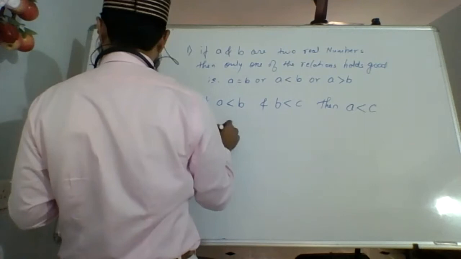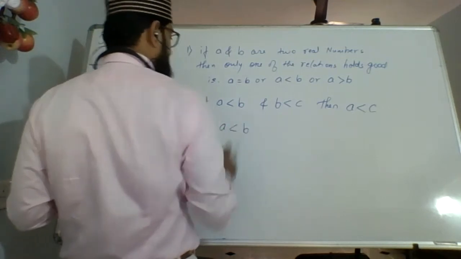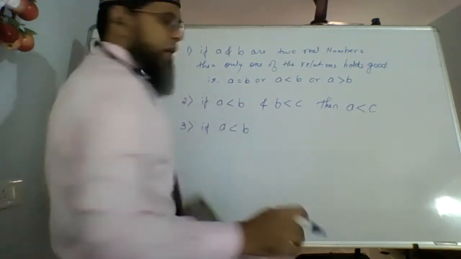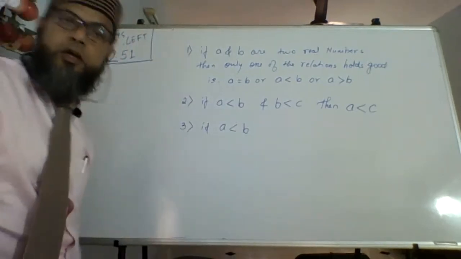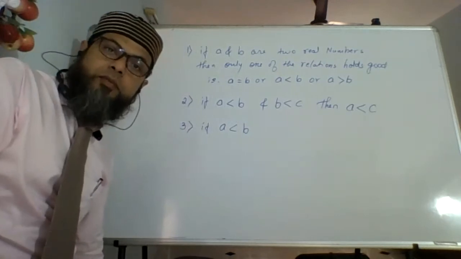What the second property means is, for example, 2 is less than 5 and 5 is less than 7. So obviously 2 will be less than 7.